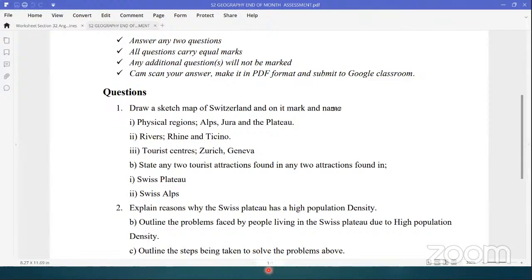So the relief attracts people to live there. If you compare the Swiss Plateau and the Alps, people will prefer living in the Swiss Plateau because the Alps is mountainous, if you can still remember. That's why the Alps covers the biggest part, but many people live in the Swiss Plateau. Yes, Joshua.